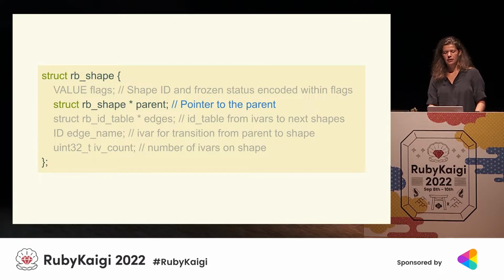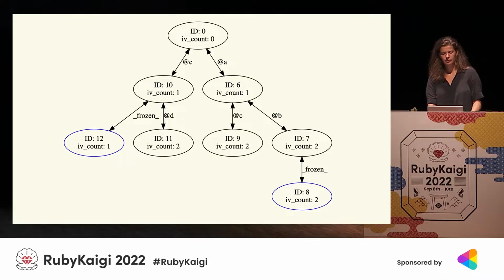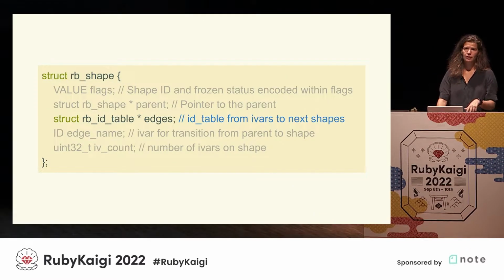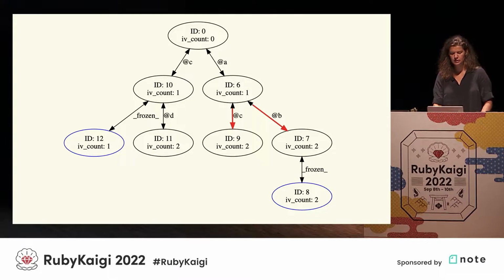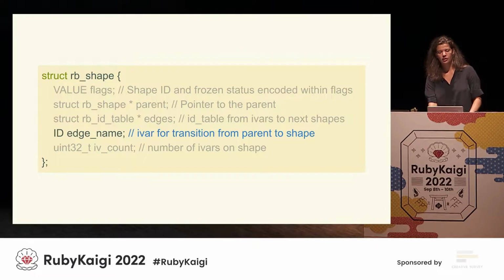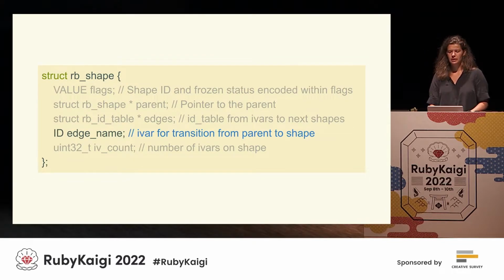Another thing to note is we have a pointer to the parent. So on a shape, it points up to its parent, and we'll see how this helps us traverse up the tree. And we have a pointer down to edges. So it's an ID table from ivars to next shapes. And this allows us to see, like we saw earlier when we make transitions, if there's already a shape with that transition. We also have the edge name, which we use to transition from parent to a shape.